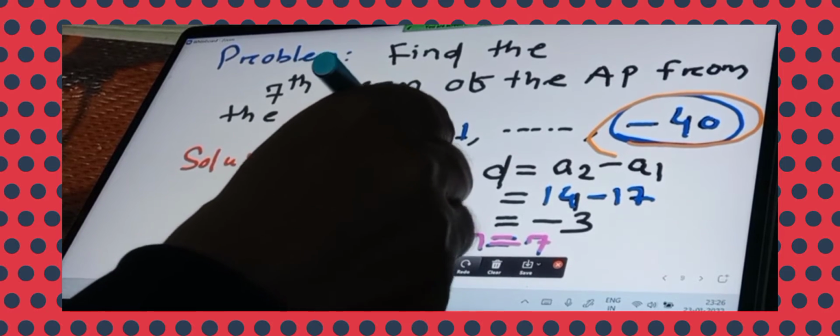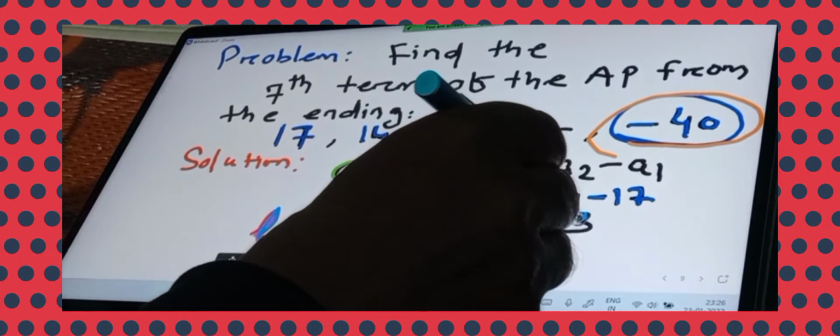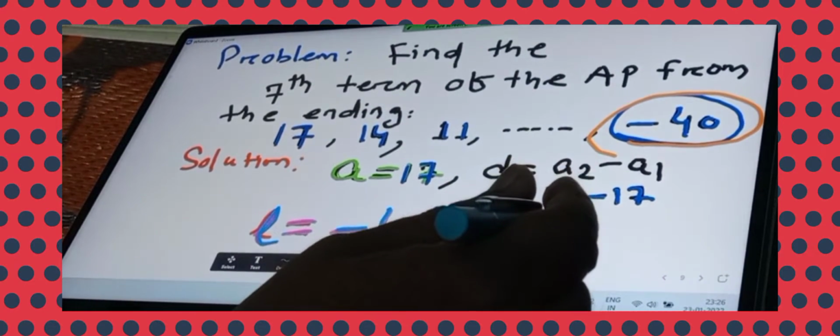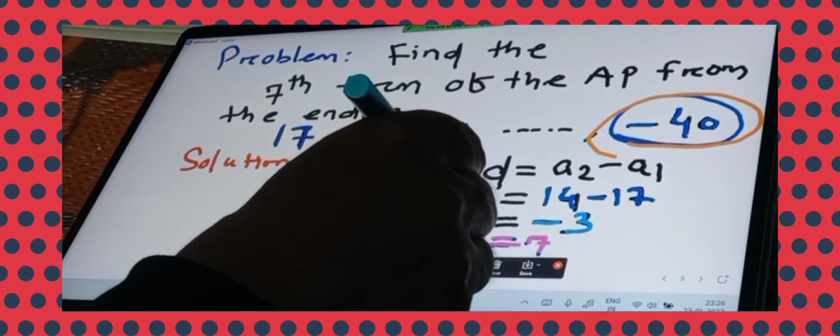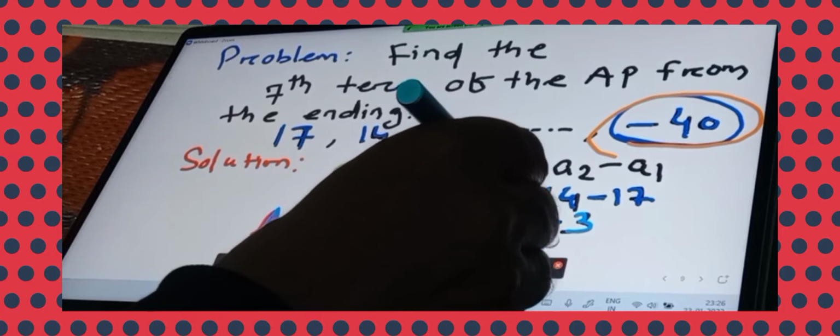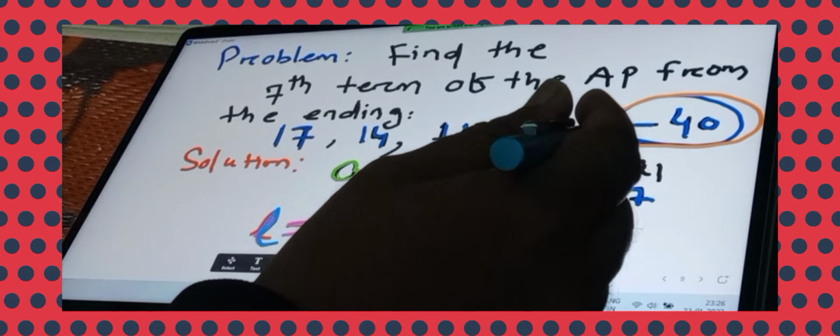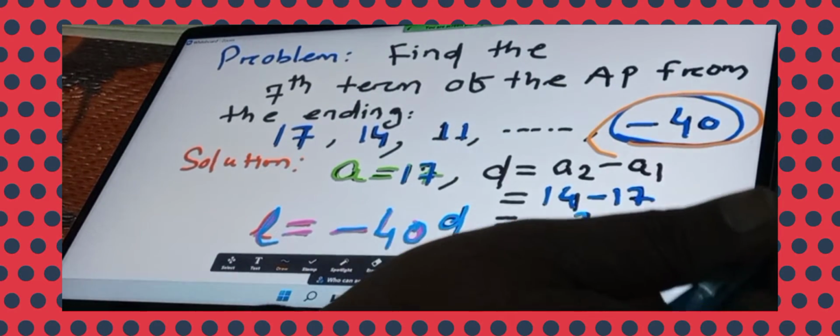And D is equal to minus 3, the common difference we got. And n is equal to 7.